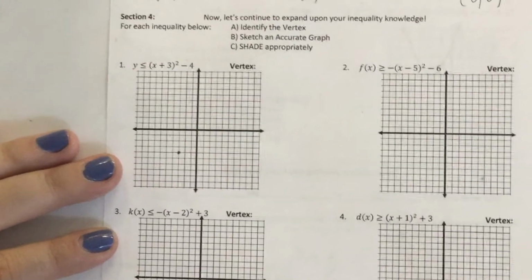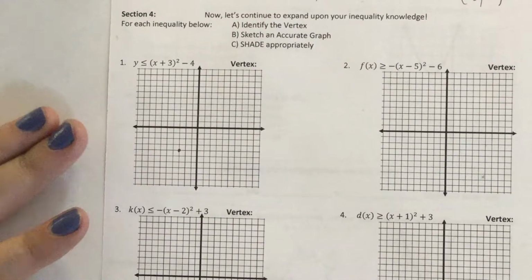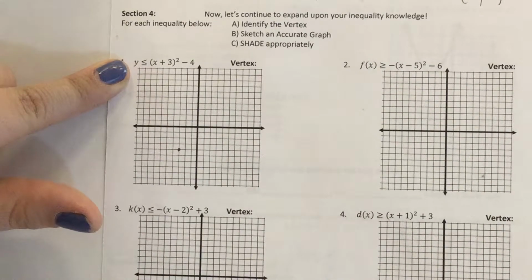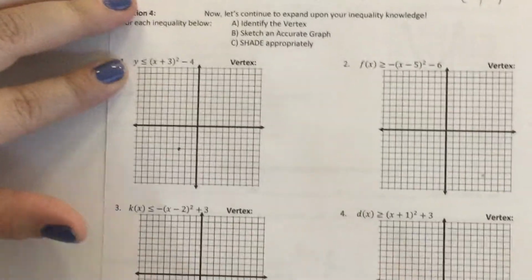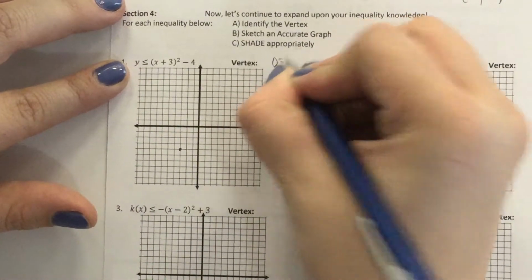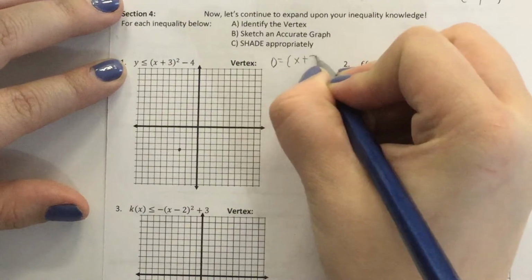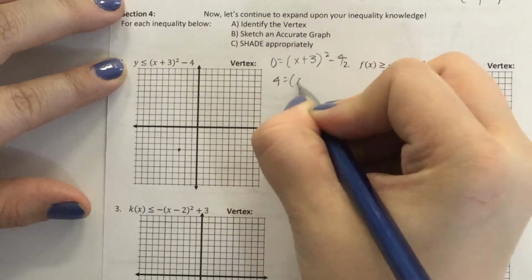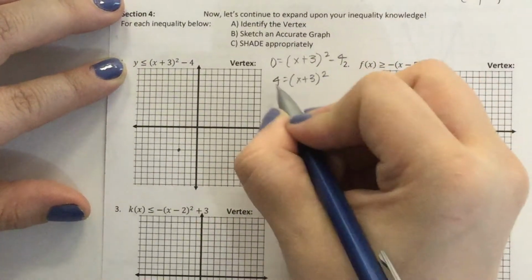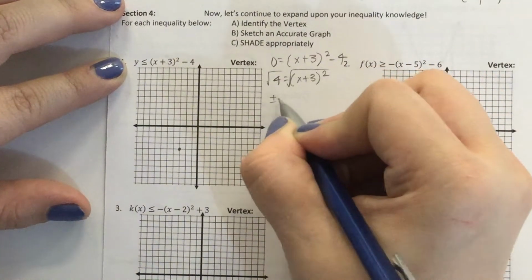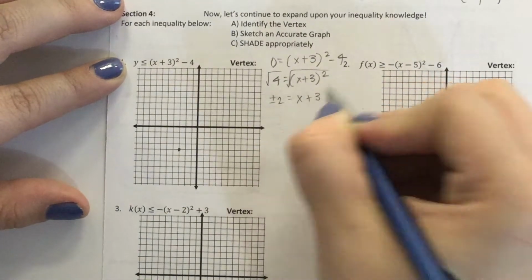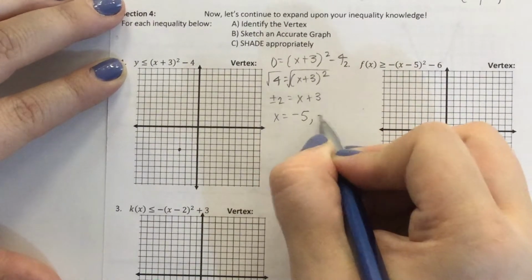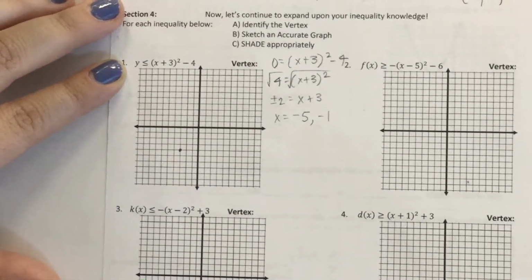Now let's find the roots. So it's going to be plus or minus, it's plus 3, I'm going to add 4, so my roots are going to be -5 and -1, right?